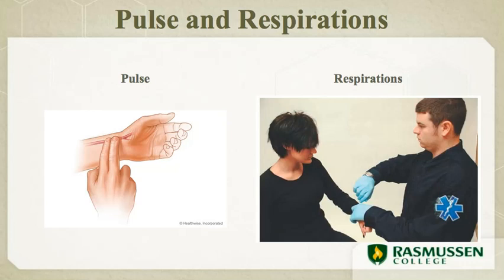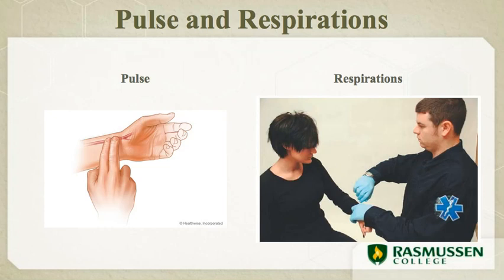The average pulse rate for an adult is 60 to 80 beats per minute. The most common site for a pulse to be taken is the radial artery, which is located on the thumb side of your wrist. Now, there are some factors that will affect a pulse, just like your temperature. Again, I'm going to leave them for you to read about.